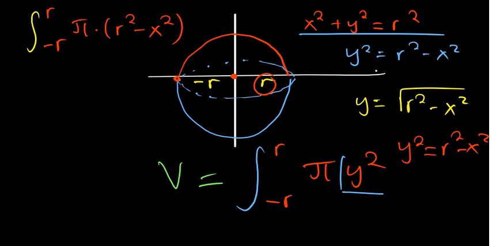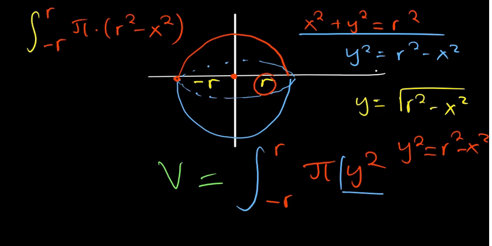Okay, we can move on. Our goal now at that point is to integrate what we have. Now what do we have for integration? We have r squared minus x squared.